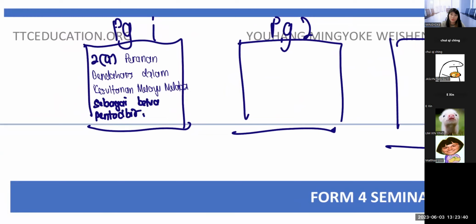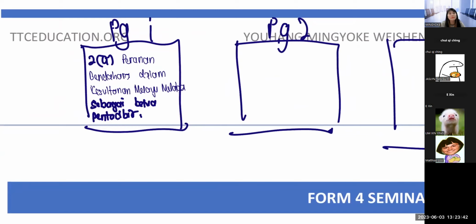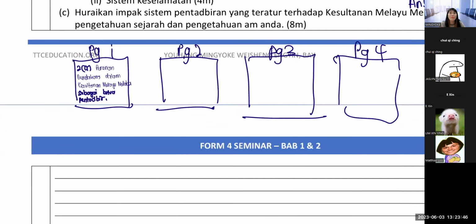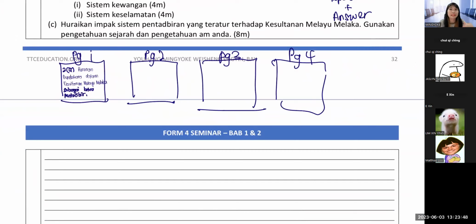If you don't want to full stop, you use kata hubung. You use done or settle, like that. But most of the class teachers prefer 1 answer, 1 sentence. Meaning 1 answer, 1 full stop. So that they can easily mark your paper. That's what it means, 1 answer, 1 full stop.